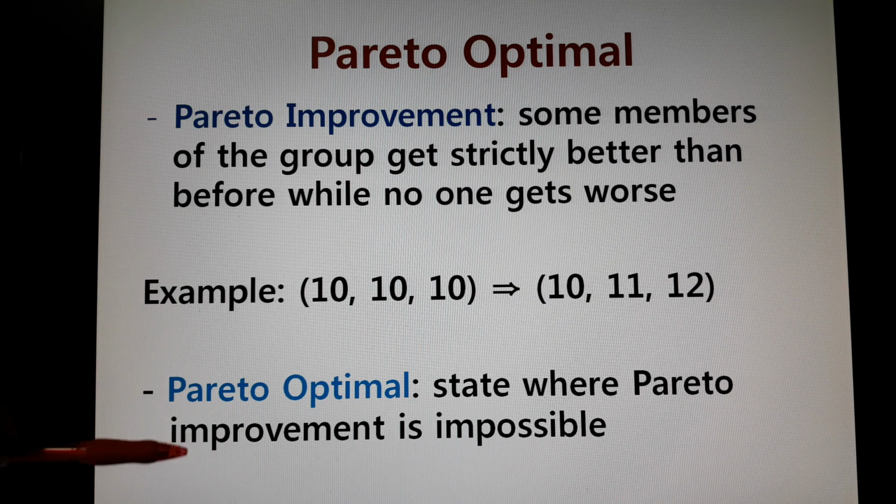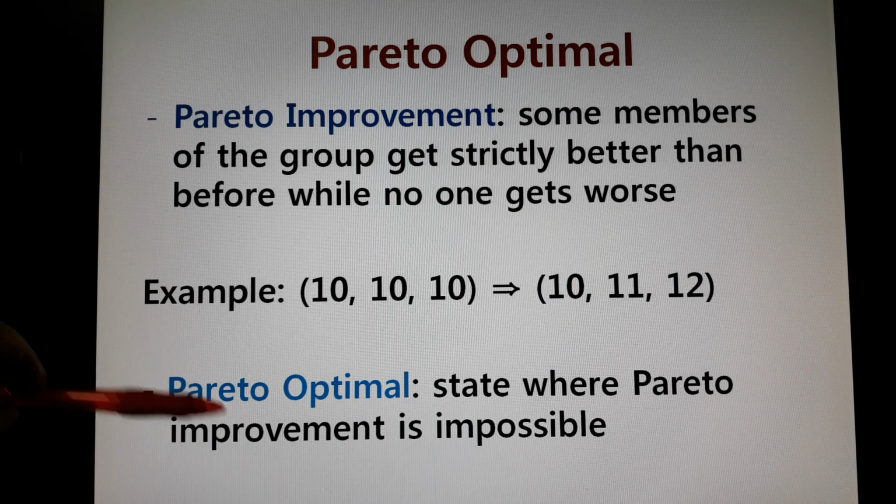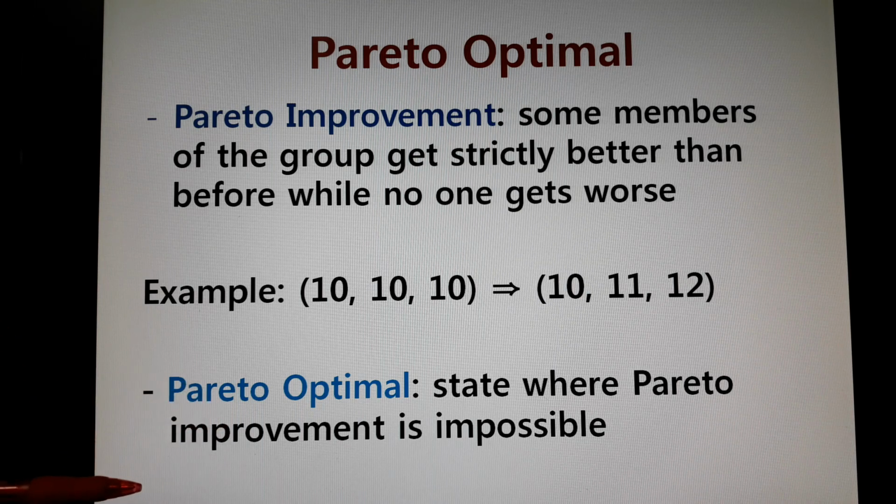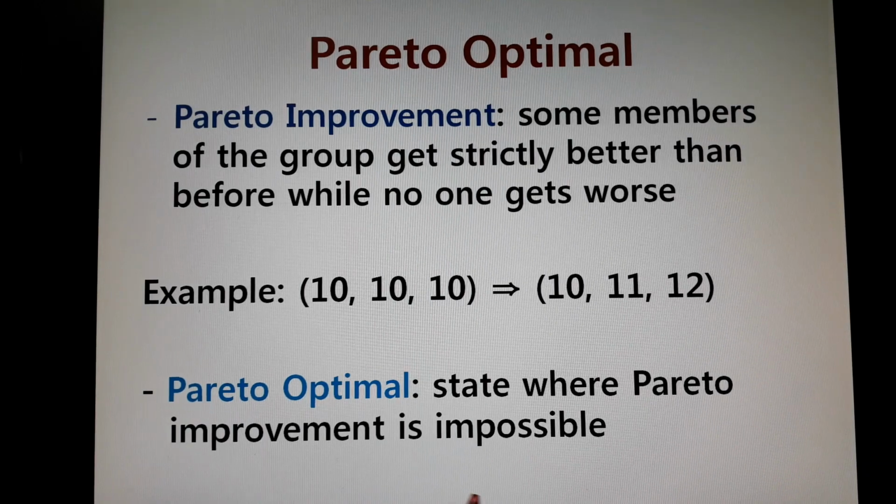Pareto optimal means a state where Pareto improvement is impossible. Optimal means this is good. So this Pareto optimal state is a very good state. And the flip side of it is, if there is a state where Pareto improvement is possible, that is not optimal.